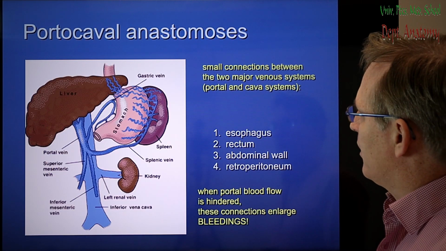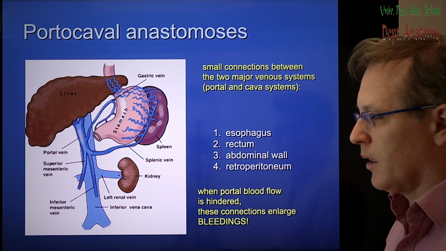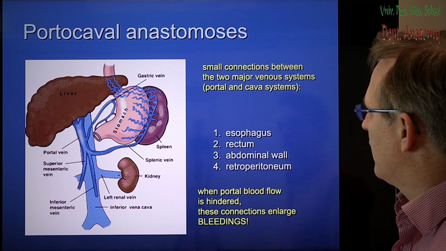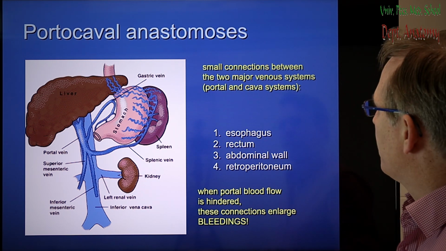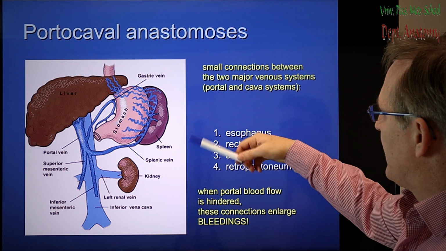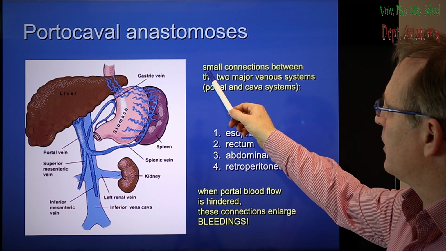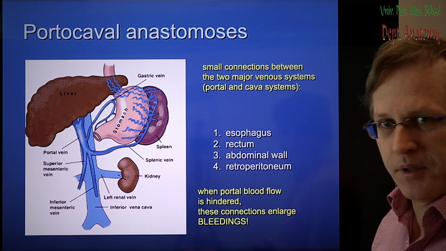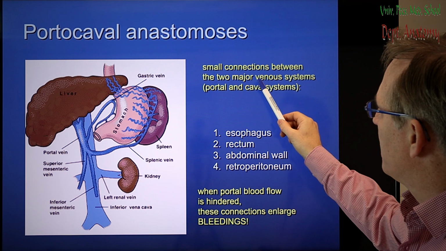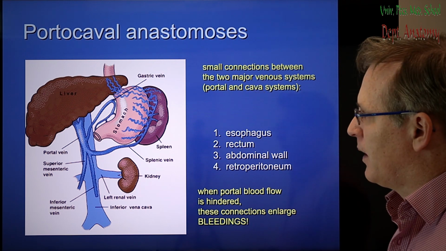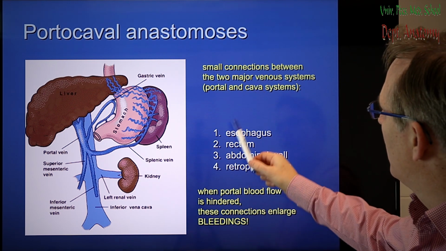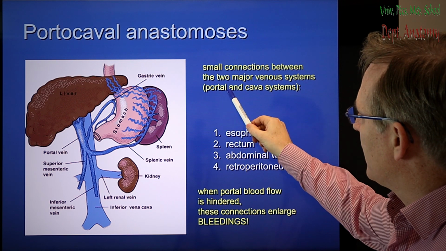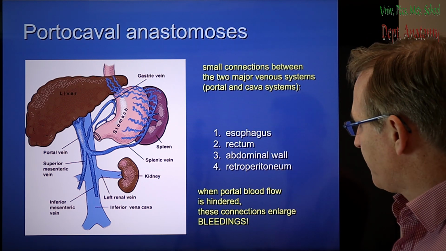And now let's see the portocaval anastomosis and the clinical importance of the portocaval anastomosis. What does it mean? Anastomosis means connections. So there are small connections between the two major venous systems in the human body. One of the venous systems is the cava system, superior and inferior vena cava, and the other venous system in the body is the portal venous system.